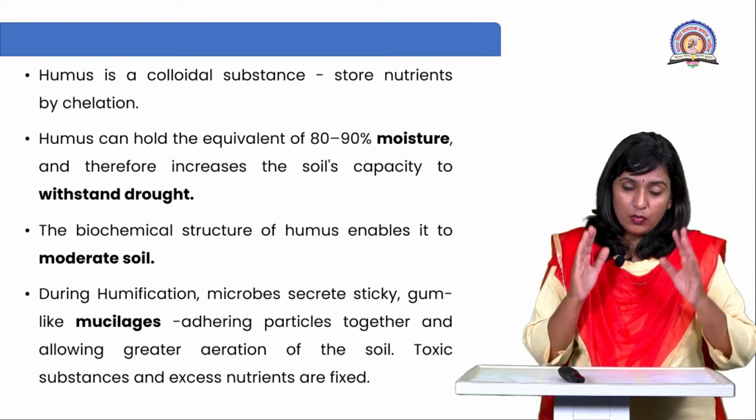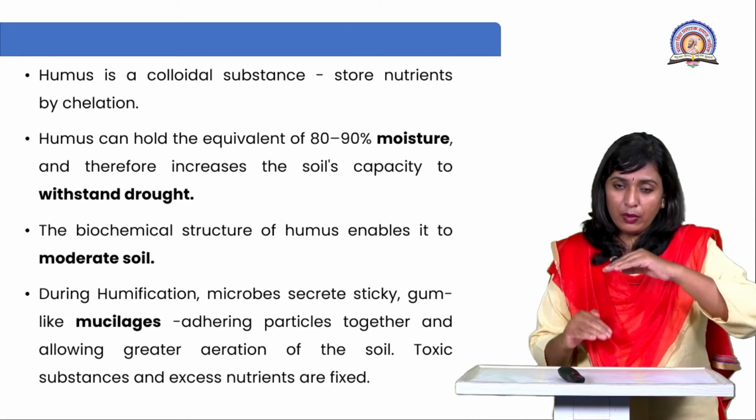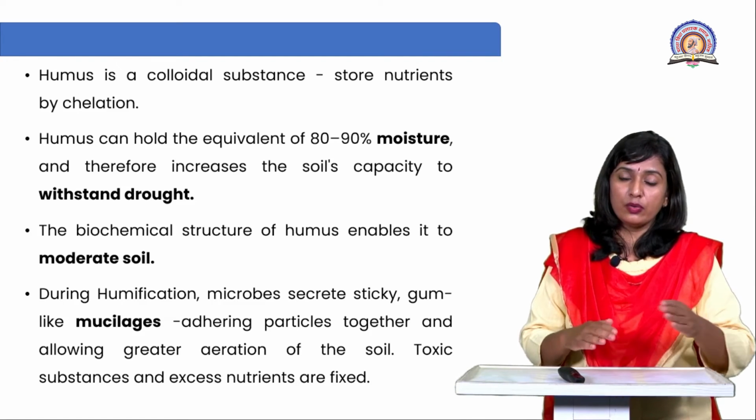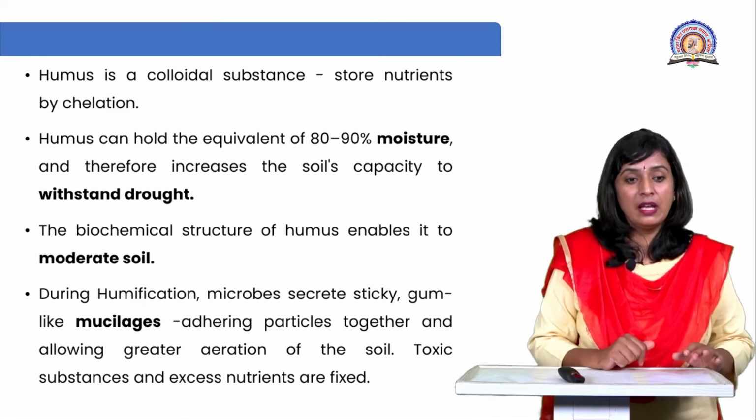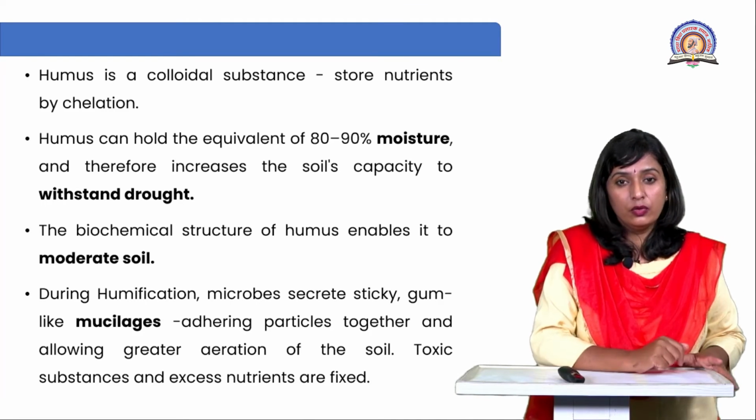So it acts as a moderator or a buffer which does not change the pH of the soil towards the acidic or towards the alkaline. It helps to maintain the soil health, right? So that is what the humus does.